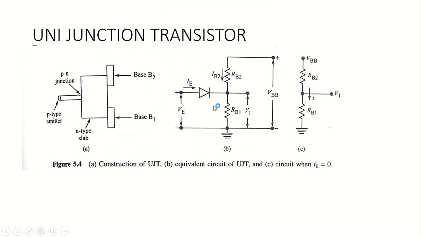One thing to be remembered here is that the resistance RB1 is variable and the RB2 value is fixed. How this RB1 resistance becomes variable will be discussed in the coming concept.